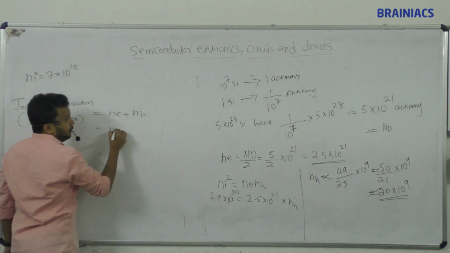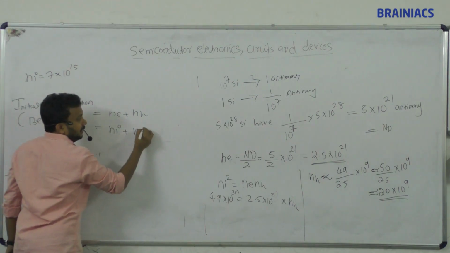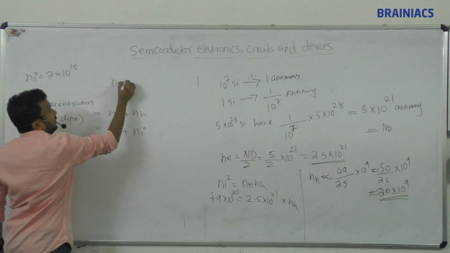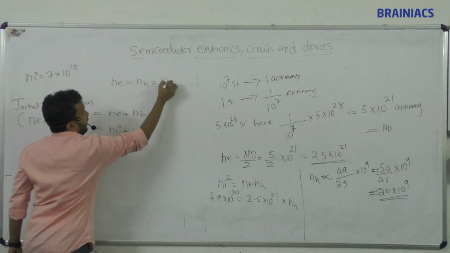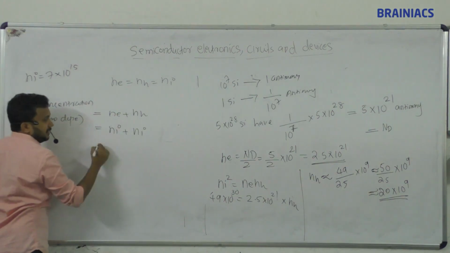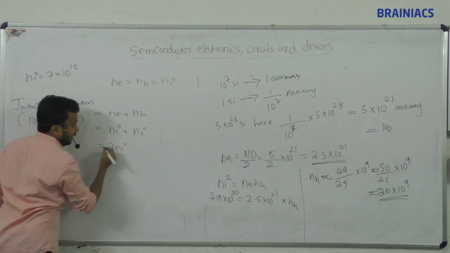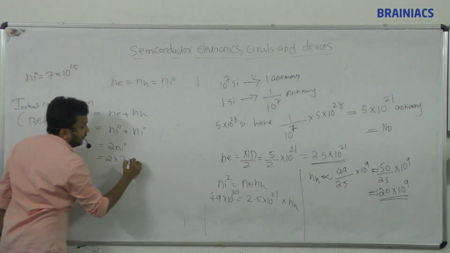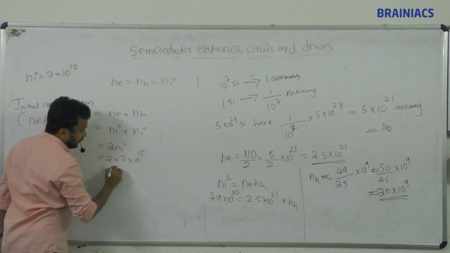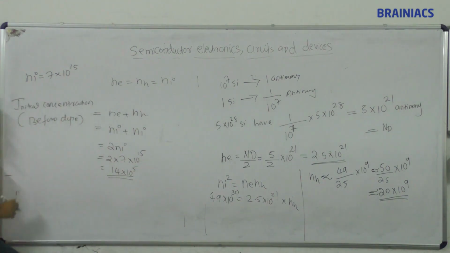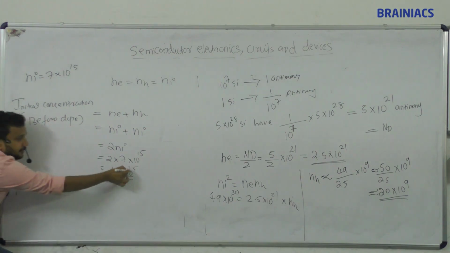Before doping, both are the same, right? We have written Ne equal to NH. So Ne plus NH becomes Ni plus Ni, which means 2 into Ni. 7 into 10 power 50, which becomes 14 into 10 power 50. This is the initial number.